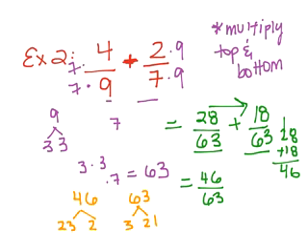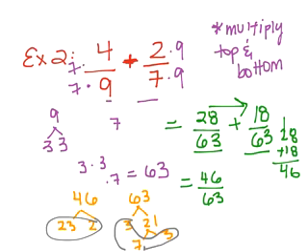And then I can break down the 21 into 7 times 3. In this case, I'm trying to see if they have anything in common here, and it looks like they don't. They do not have anything in common that I can divide by. So this is how I know that this is completely simplified, and that would be my answer.